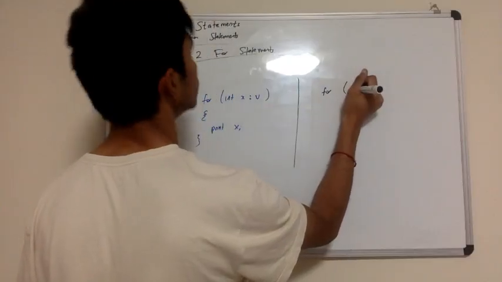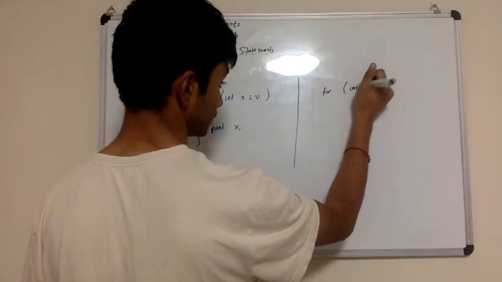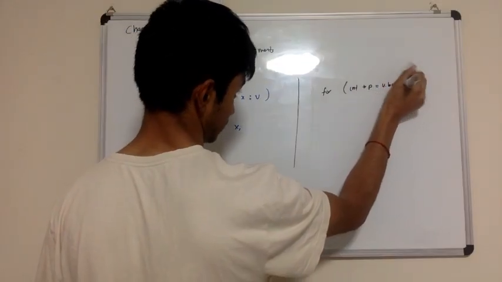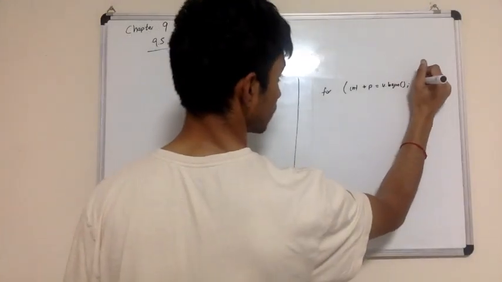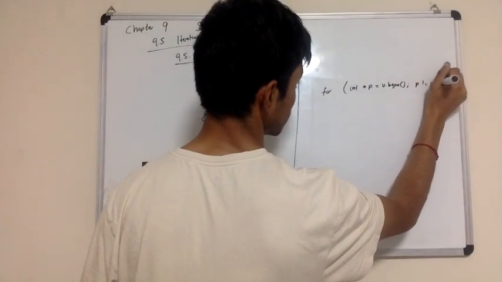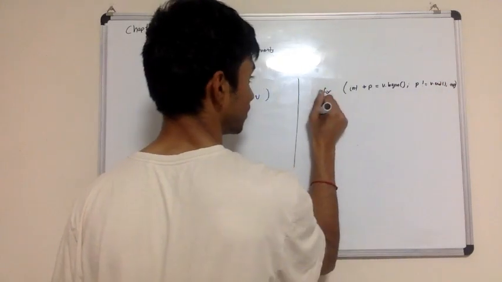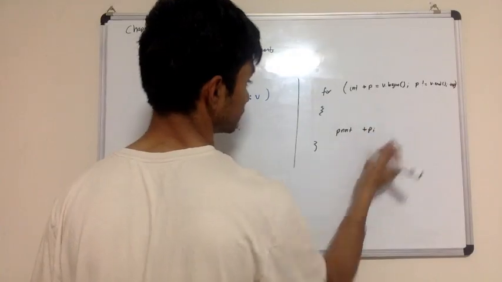For int star p equals v dot begin, I'm going to run out of space. p is not equal to v dot end, plus plus p. And then print dereference p.